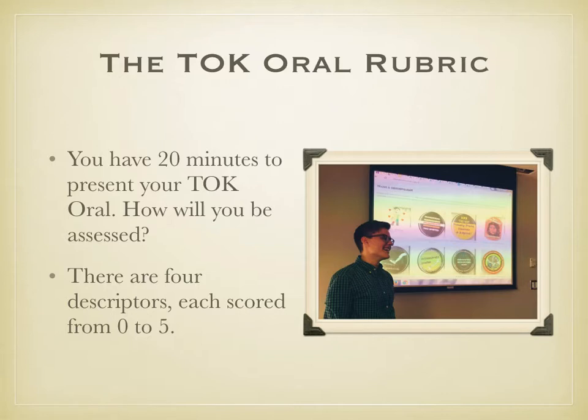IB scores typically don't demand that you be perfect. A high score represents an excellent level of achievement, and I think that's something that's going to be within our grasp.